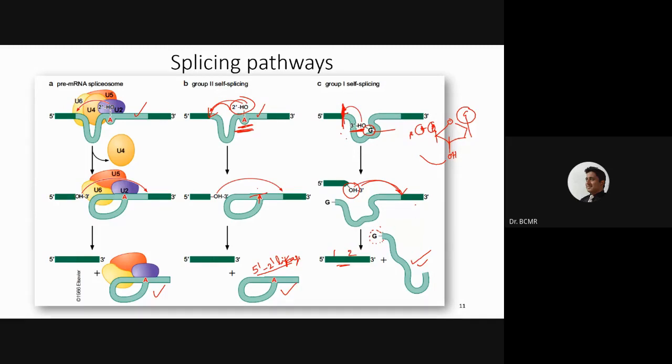So basically what you will have here is G, and on the 5' side it has its phosphates, alpha, beta, gamma, GTP basically. And here you have a 3' OH. To the 3' OH, you have the 5' end of the G of the intron. So it is something like 3' to 5' linkage.